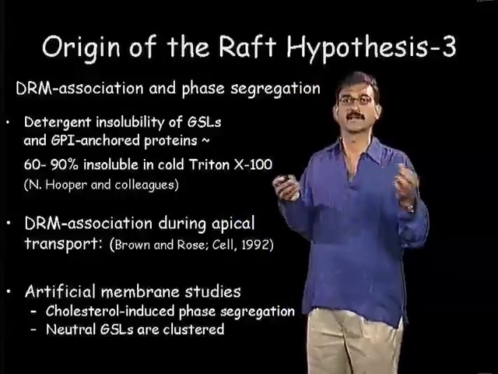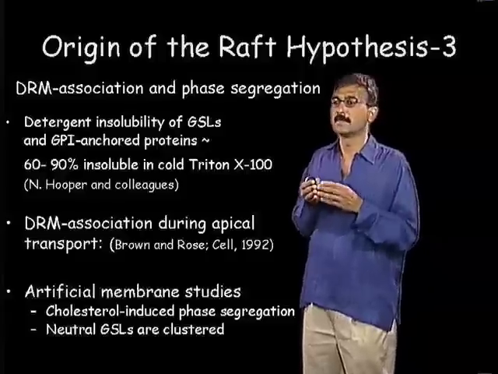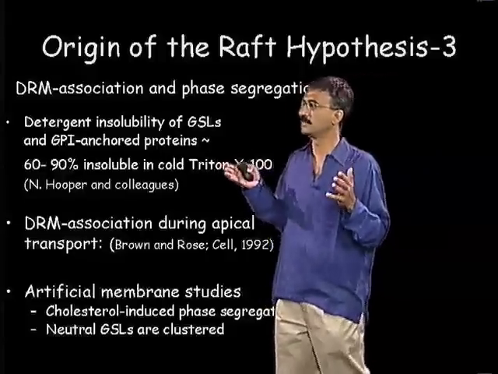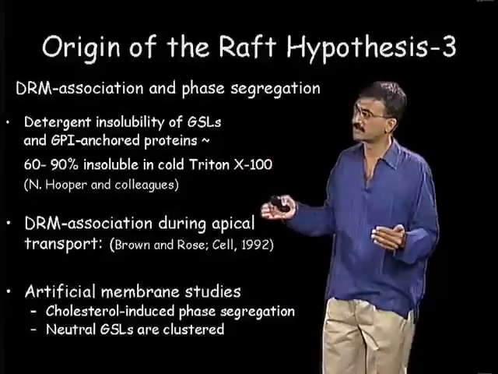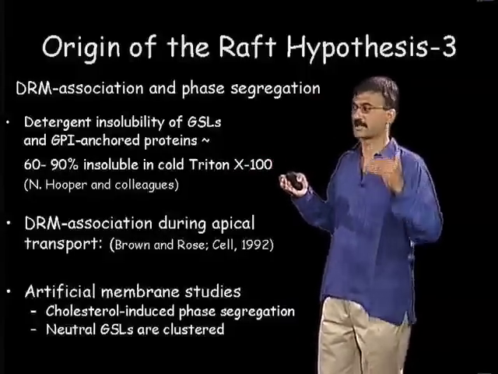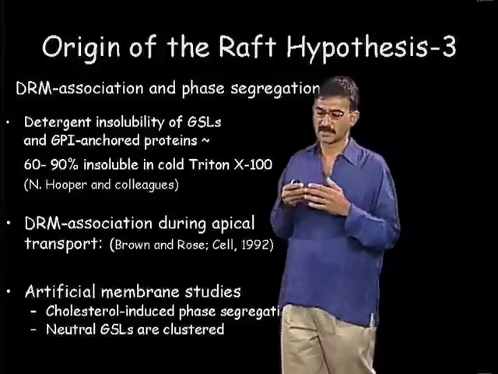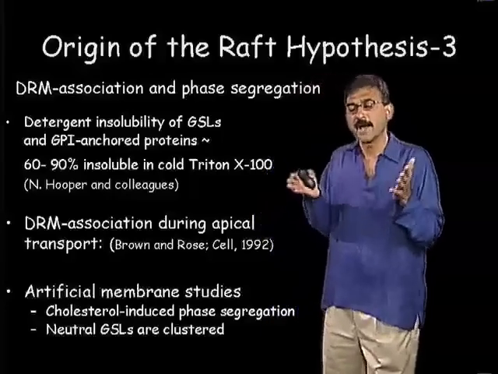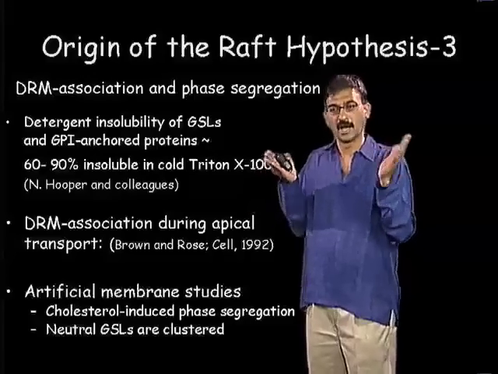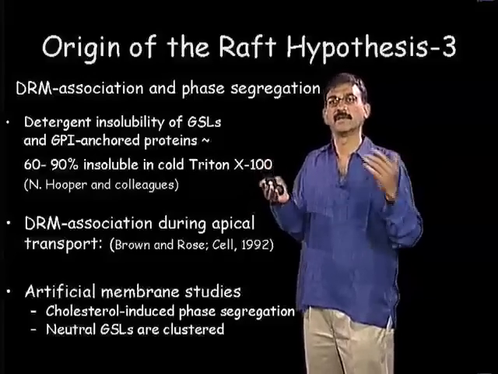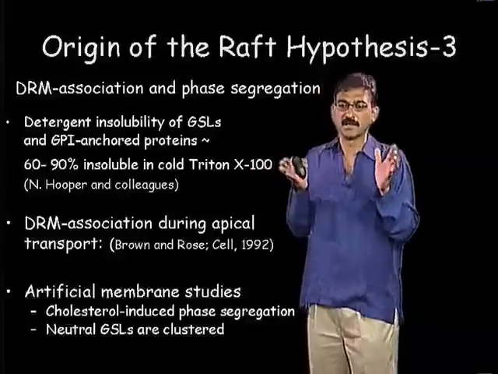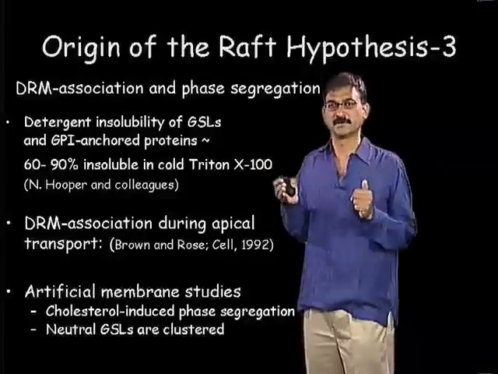And putting these two observations together, of cold Triton insolubility and the association with this Triton-insoluble domain during the trafficking process, Debbie Brown and Jack Rose proposed that perhaps these detergent-resistant membranes reflect the membrane domains that are involved in trafficking of these specialized lipid components to the cell surface.